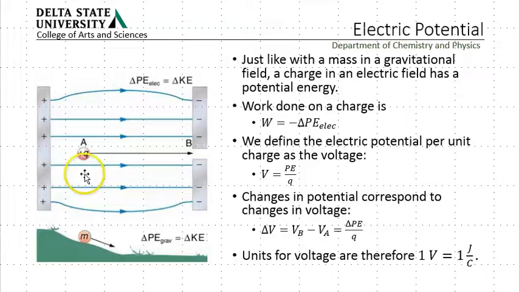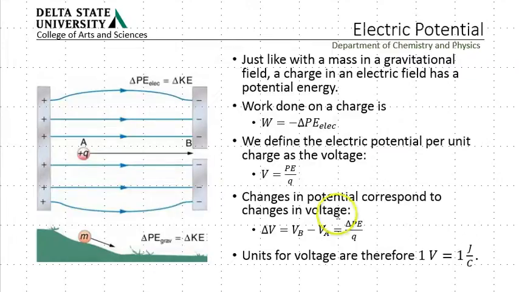We don't think about it this way too often, but when we talk about change in potential energy due to your position in a gravitational field, we talk about going from one height to another. Here we're going to talk about going from one point to another, A to B. So delta V is the electric potential at point B minus the electric potential at point A. Delta V, VB minus VA, is delta P over Q, the change of potential energy per unit charge.